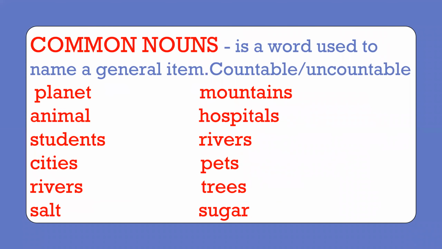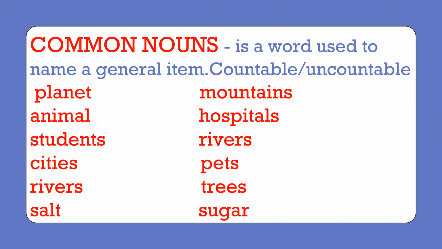And then we also want to look at common nouns. A common noun is a word used to name a general item. It could be countable or uncountable. Here you are not specific. You are just mentioning things in general. We are talking of planets, we are talking of animals without necessarily specifying which animal.